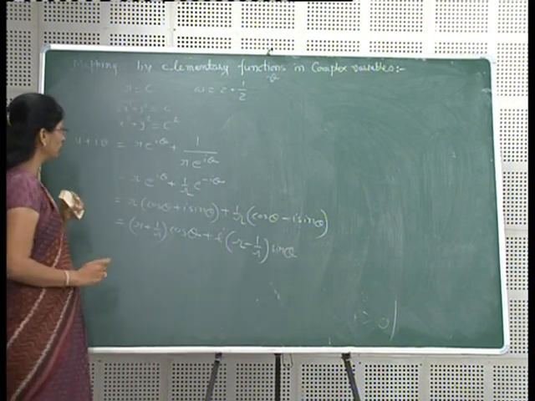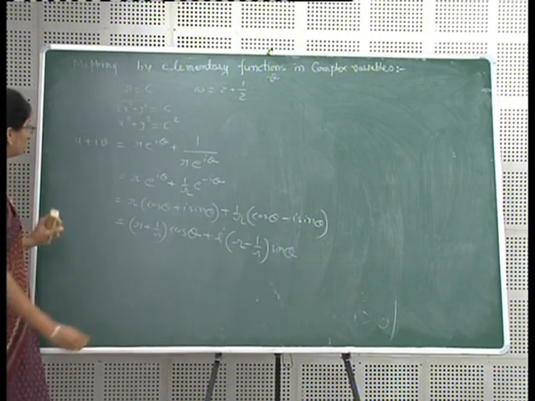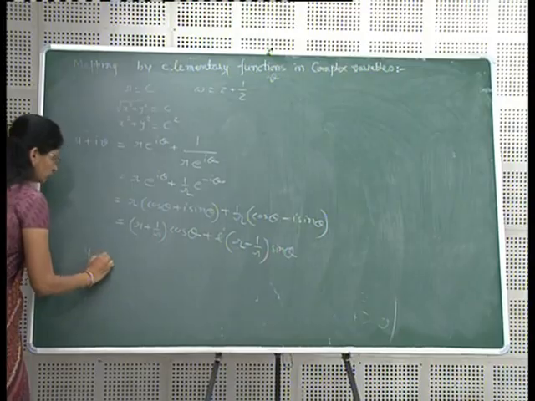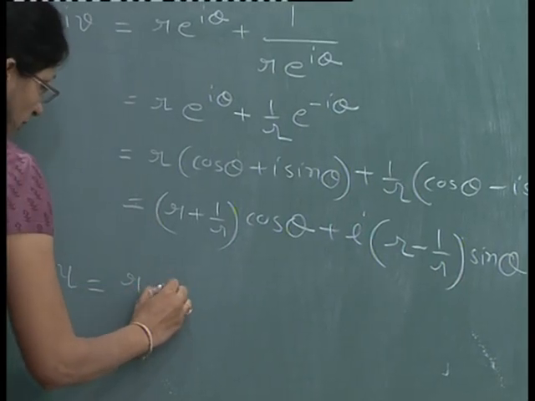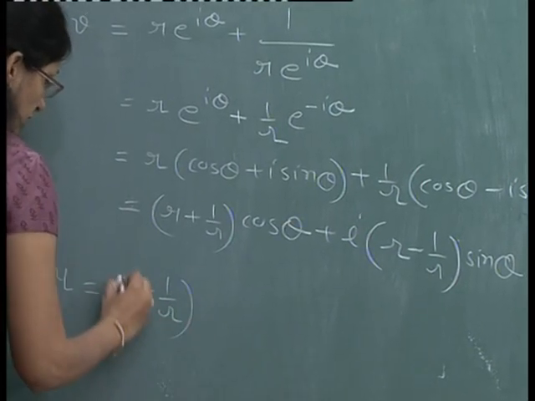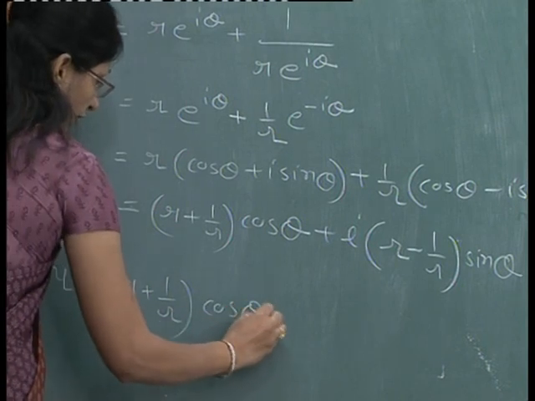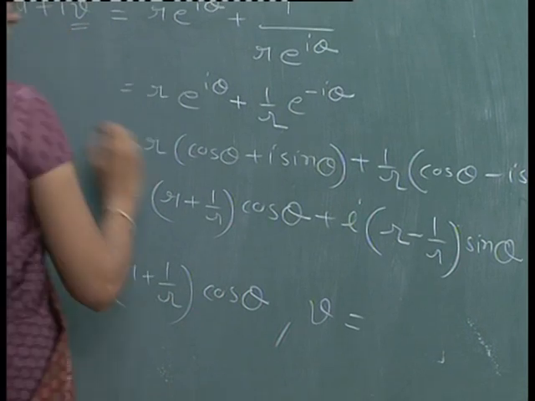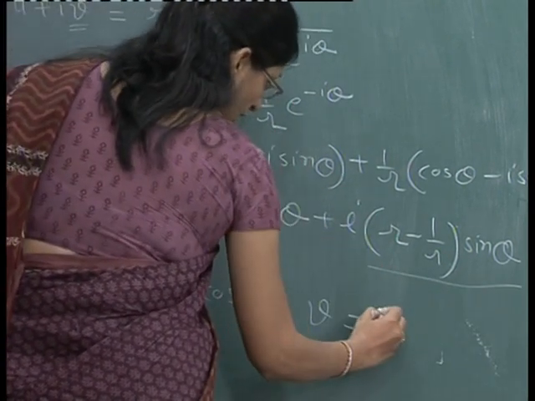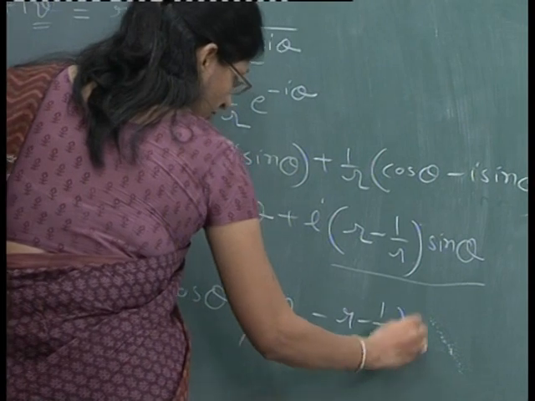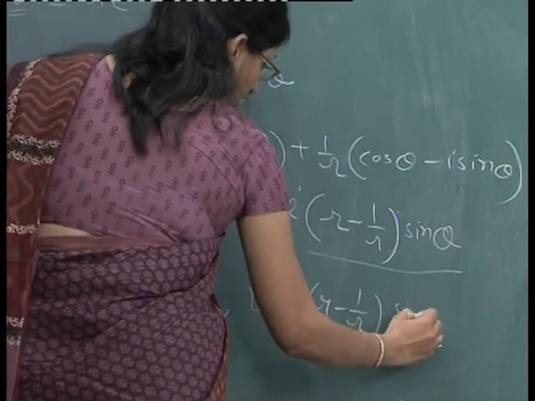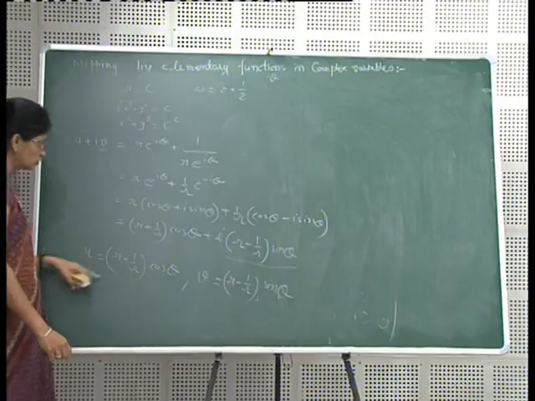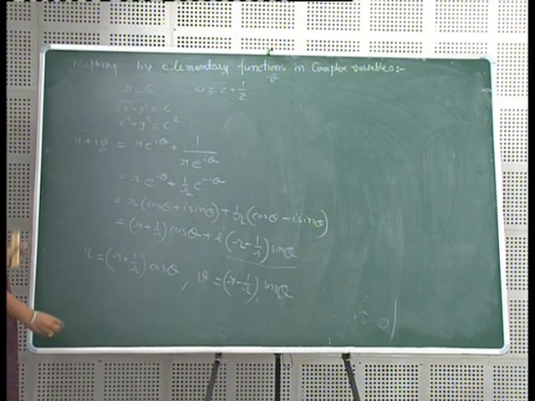And now comparing the real and imaginary parts, we have u is equal to (r plus 1 upon r) cos theta, and v is equal to the imaginary part, so (r minus 1 upon r) sin theta.